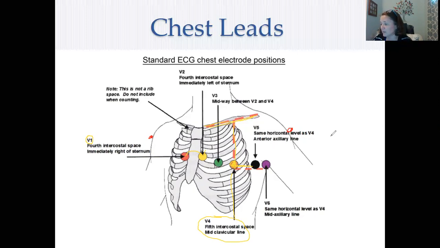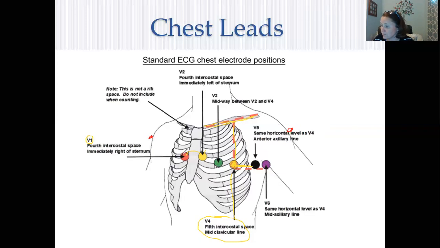And then V6 will be right beside that V5 lead. V5 is anterior axillary, and V6 is going to be mid-axillary line, same horizontal plane as V4. So that V4 placement is going to be super important.